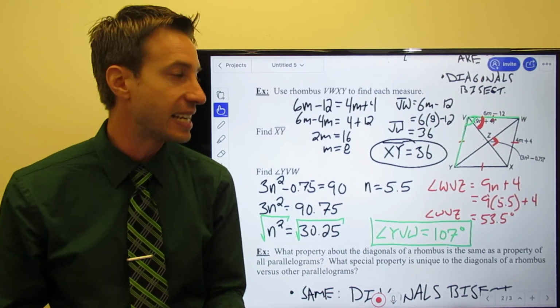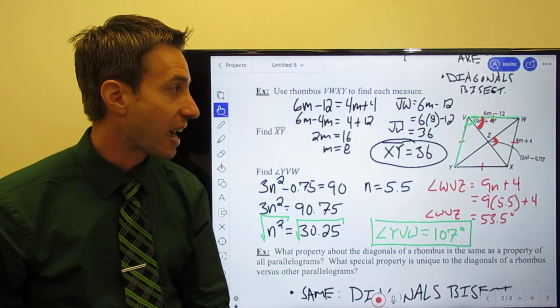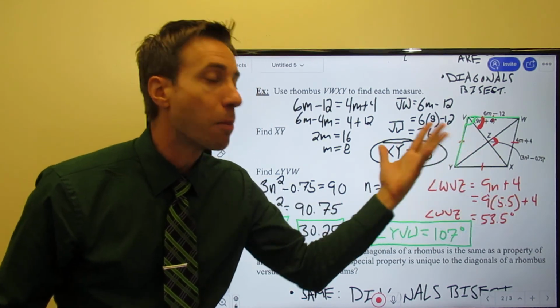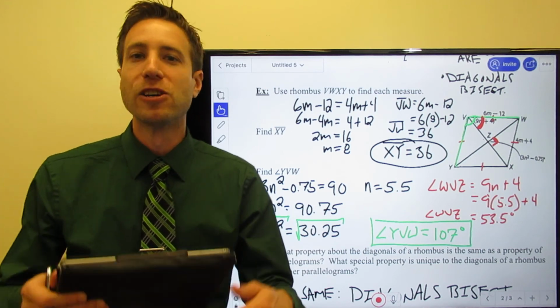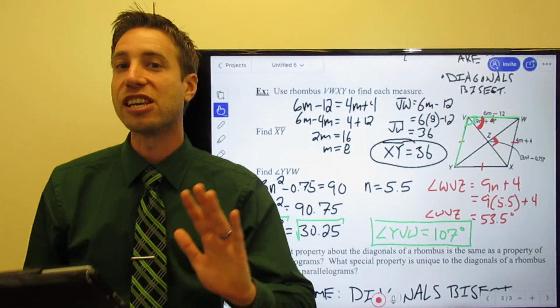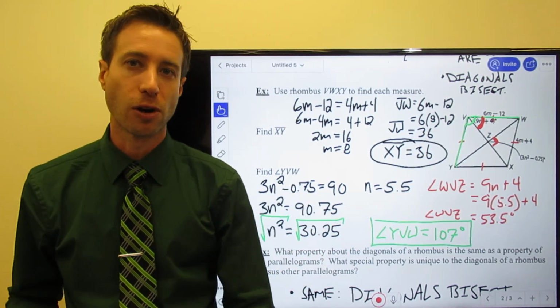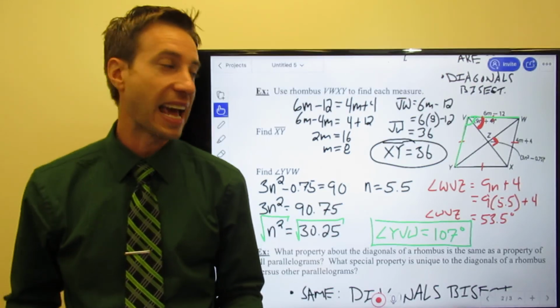Just like we did in this example problem right here. I needed to know that that diagonal bisects opposite angles in order to solve this. So, do you know the properties, and can you use those properties to solve for unknown lengths and angle measures?